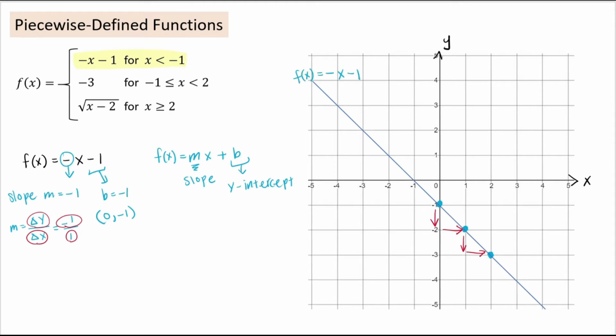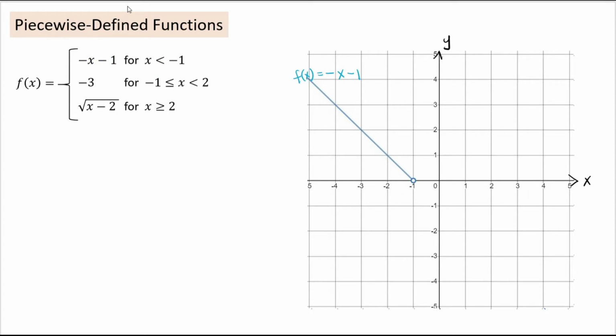We have the graph of f of x is equal to negative x minus 1. Because the domain of this function is x is less than negative 1, we have the following graph.